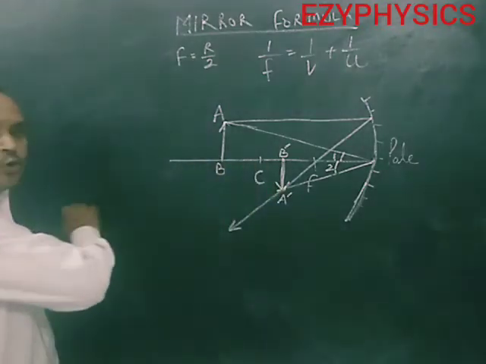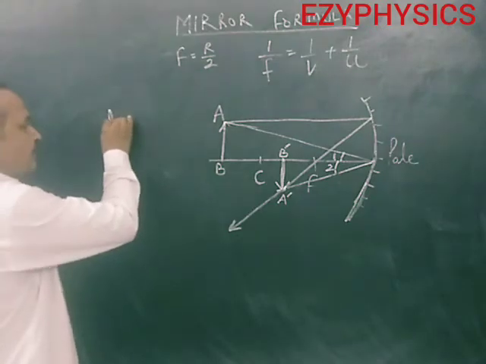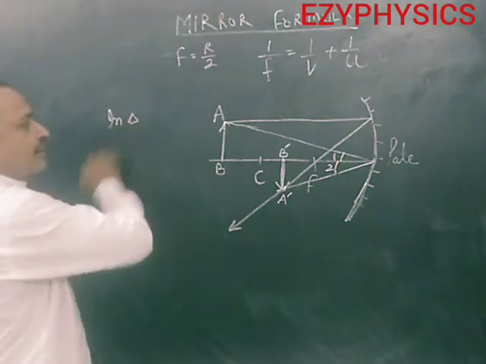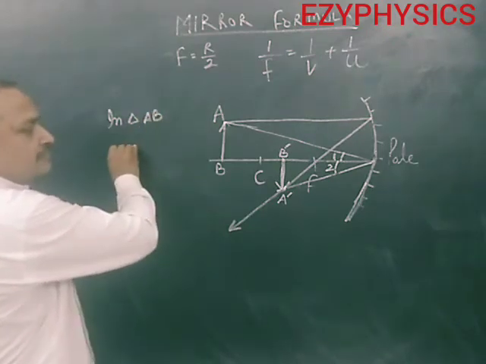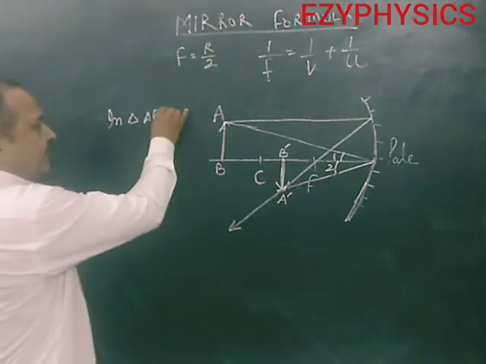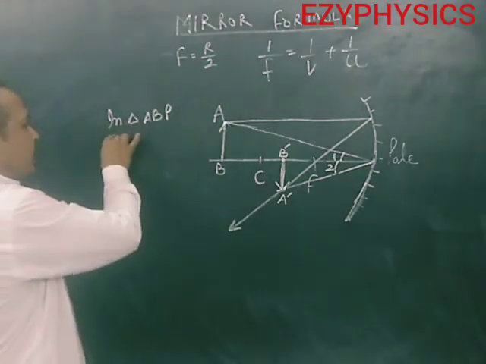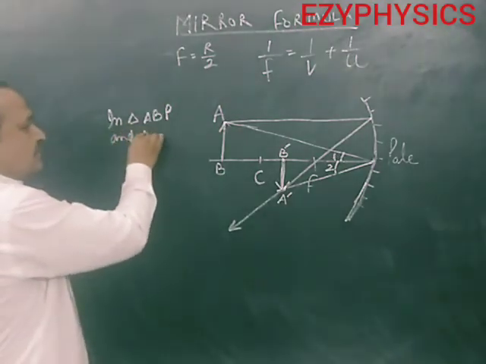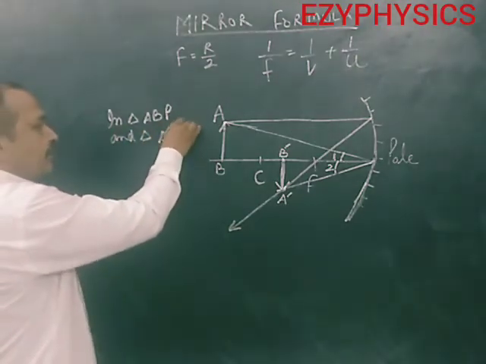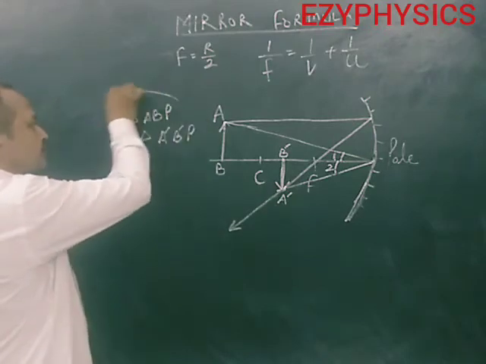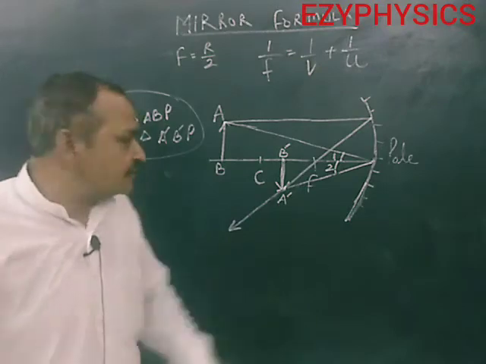So what I will do, I will take the first case. In triangle ABP and triangle A dash B dash P. That means I am taking two triangles.